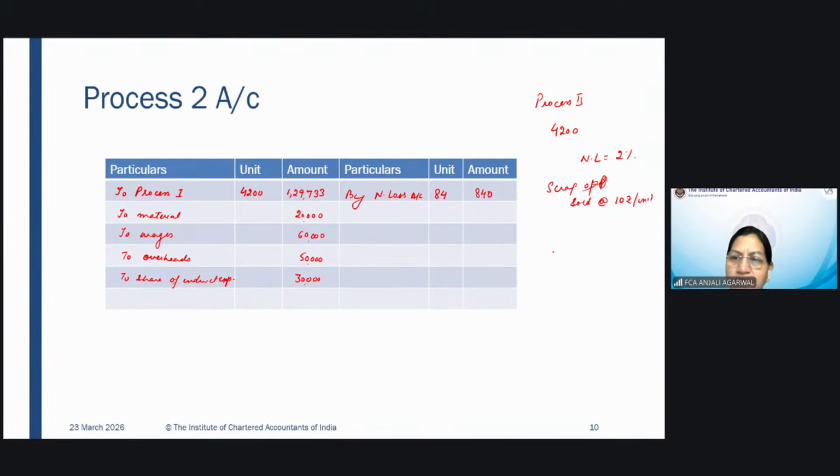Once again, we will establish the rule. What is the total cost? 1,29,733 plus 20,000 plus 60,000 plus 50,000 and plus 30,000, so plus 1,60,000.